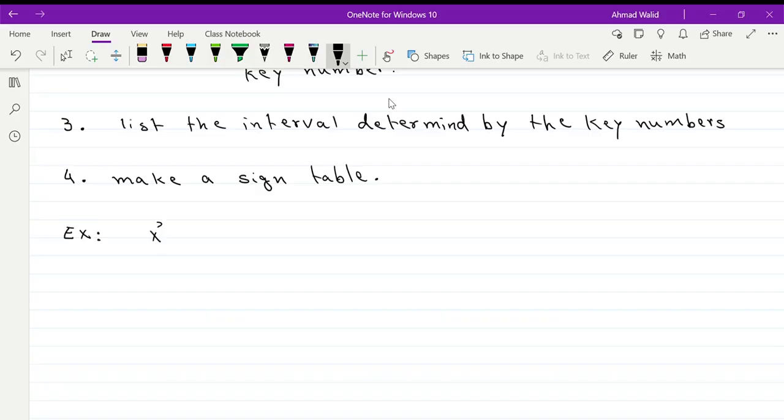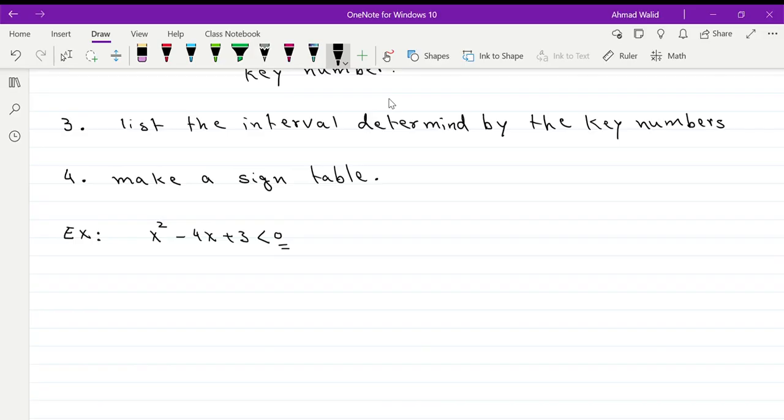x squared minus 4x plus 3. I think it was less than 0, correct? Step 1, bring everything to the left, make the right side 0. We already have that one. Step 2, find the key numbers, correct?